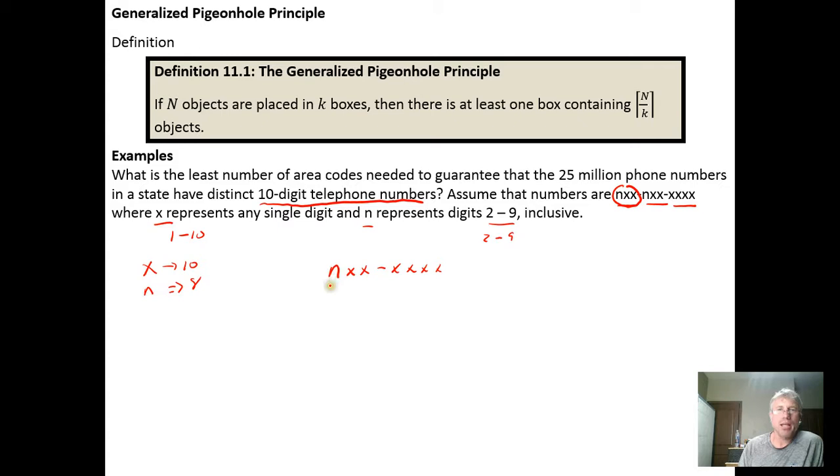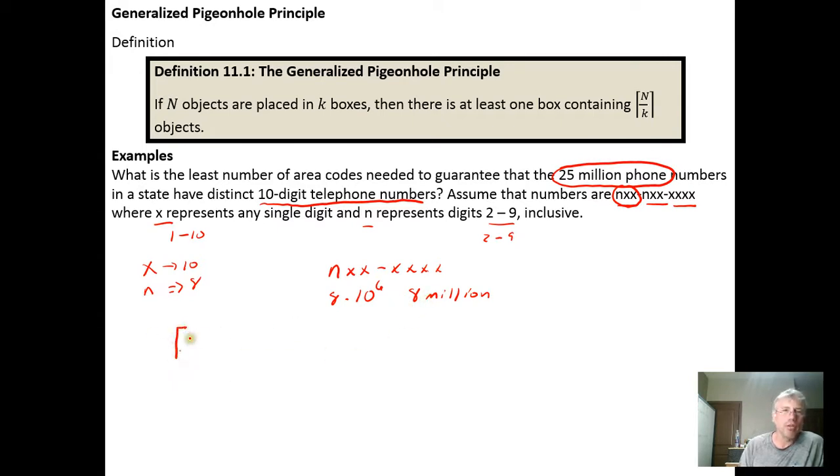Well, this is going to be 8 times 10 to the 6, which is really just 8 million. It's an 8 with 6 zeros after it. So we're going to distribute the 25 million phone numbers that we want into 8 million boxes. And we want to find out, if we do an even distribution, how many numbers will get distributed into a single number here.